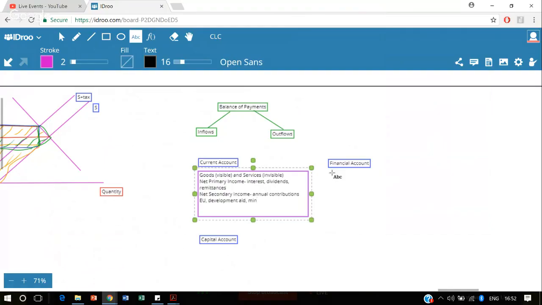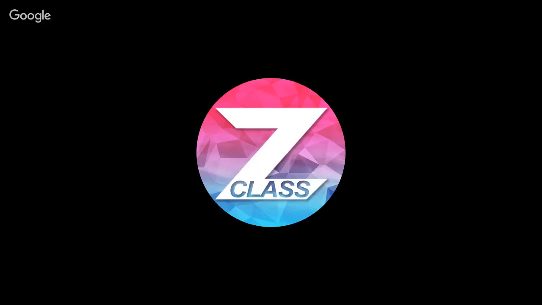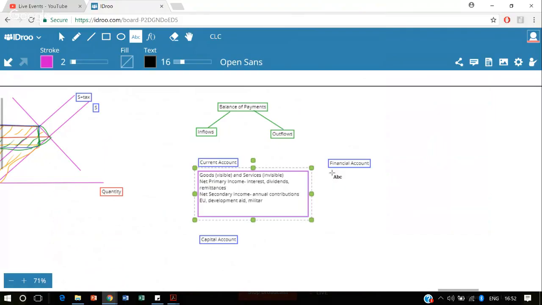Military spending overseas. Would this go under like current transfers? I wouldn't describe it as a transfer, because you can get something in return, for example, military spending abroad. If you operate a military base in wherever, you can describe it as a transfer, but you're not directly transferring money.